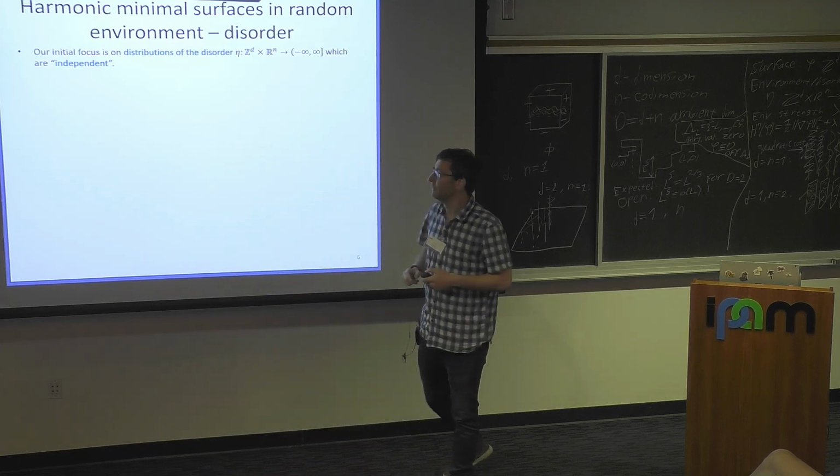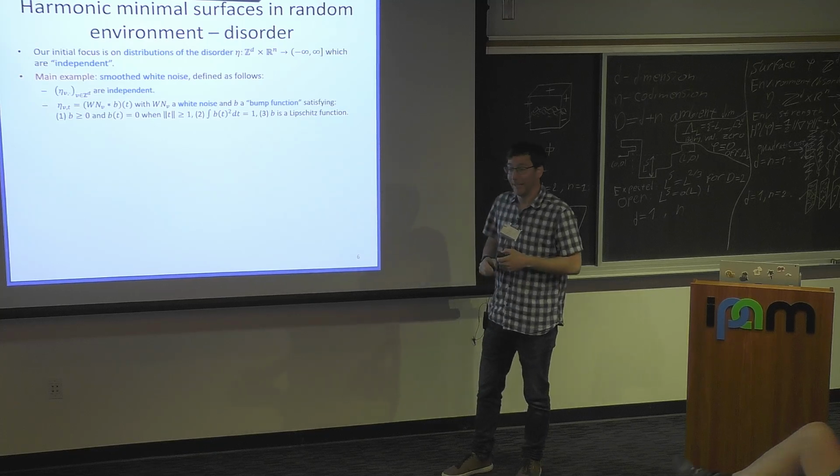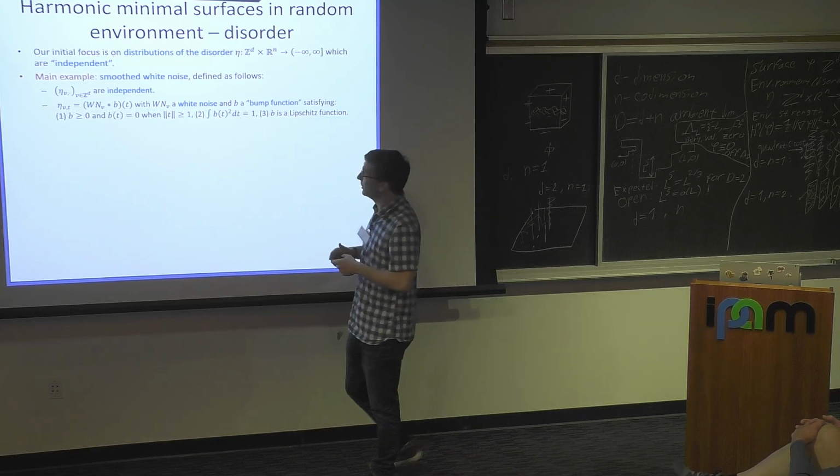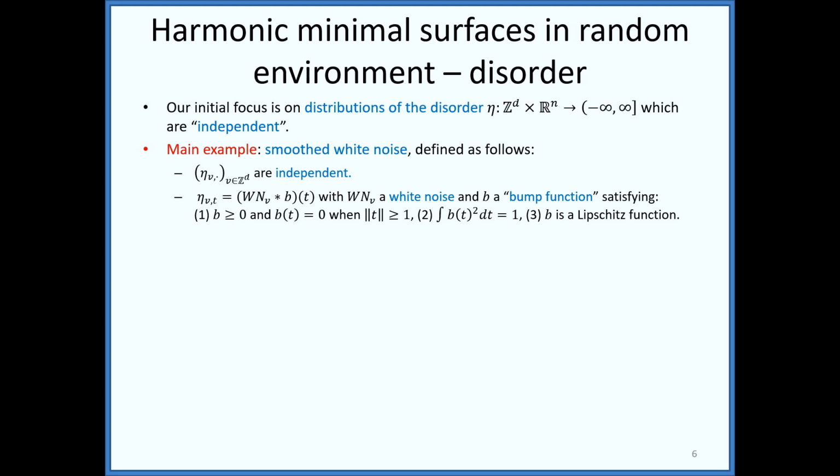Here's an example that we study in detail. The example of smoothed white noise. So you may do the following. You may decide that between different fibers, your function is independent. And this we will indeed always do. And then on the fiber, you can't make it IID, but you take a white noise and you smooth it by convolving with the bump function. So some regularization of white noise.